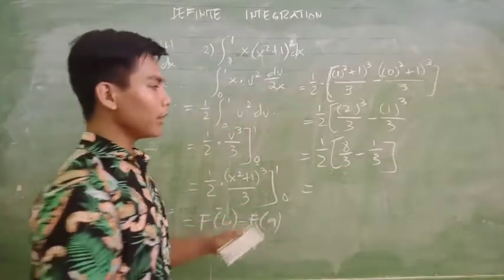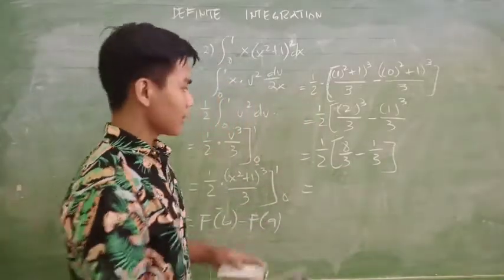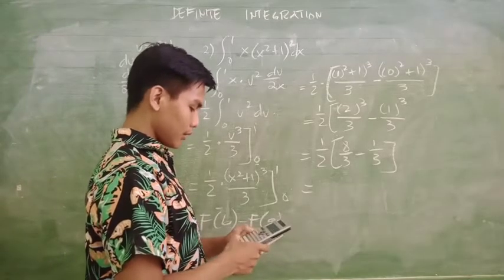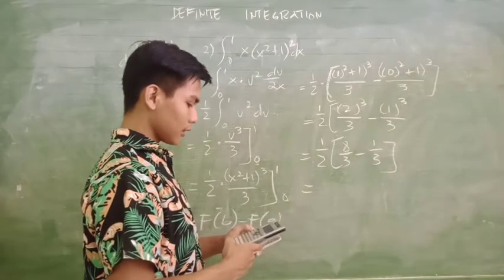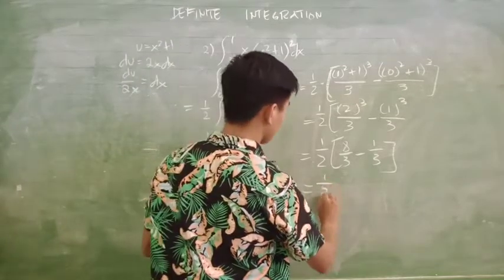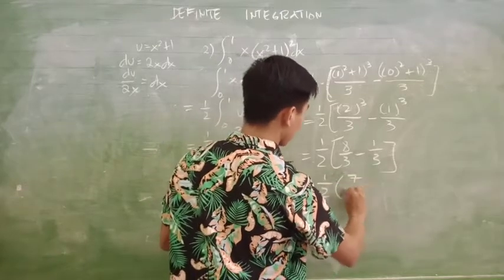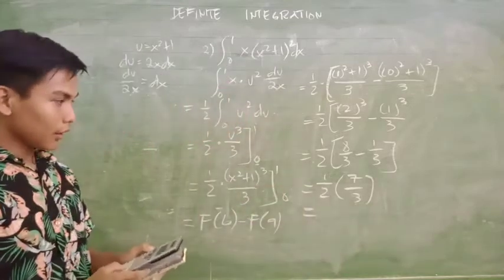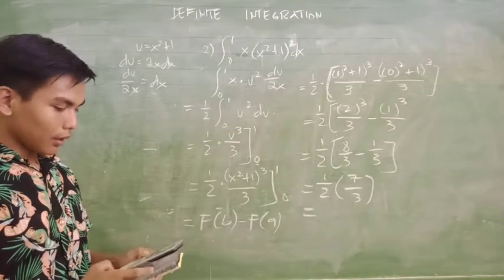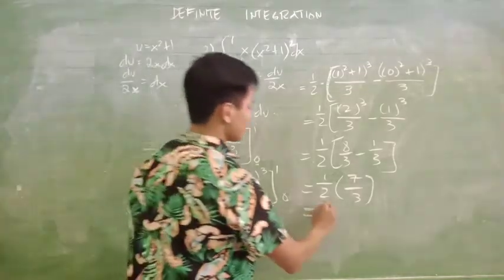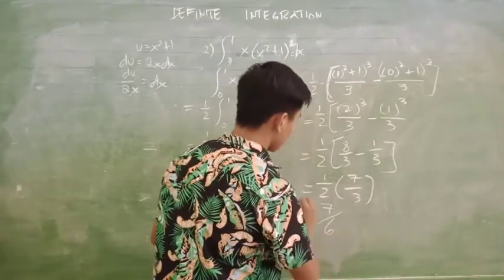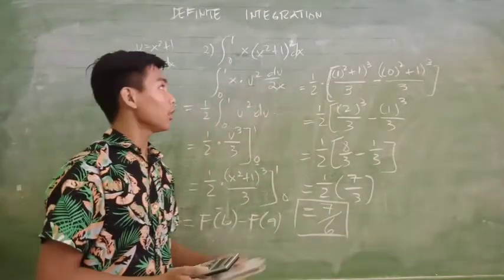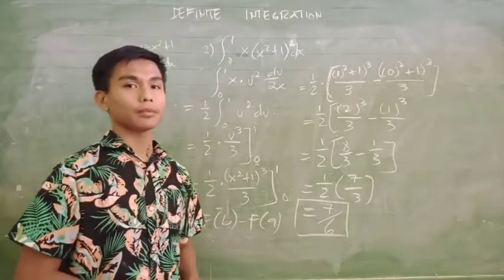So simplify the inside parentheses. So this would be 8 over 3 minus 1 over 3. Should be 1 half times 7 over 3. So 7 over 3 times 1 half would be 7 over 6. So this would be our final answer in u substitution of the function number 2.